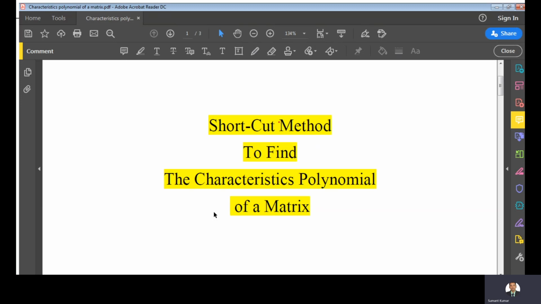This is going to be very helpful if you are handling objective type questions, or preparing for any national level entrance test. So let me tell you what this method is.